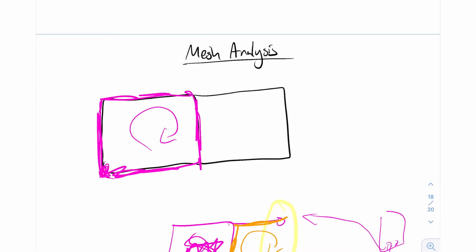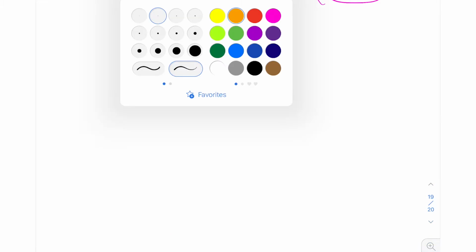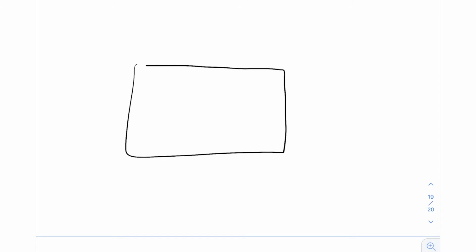The official definition of a mesh is that it's a path through a circuit that starts and ends at the same place. So you start here, go around, and you end up back at the same place. That's one mesh or one loop. Typically, a circuit for mesh analysis might be a big circuit.